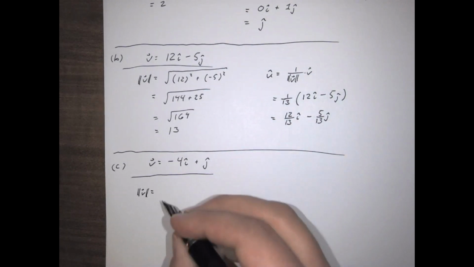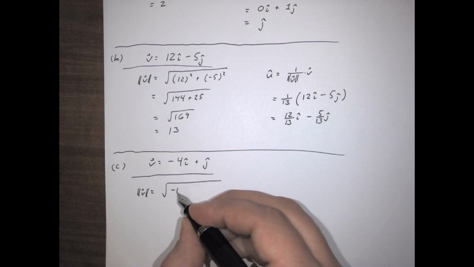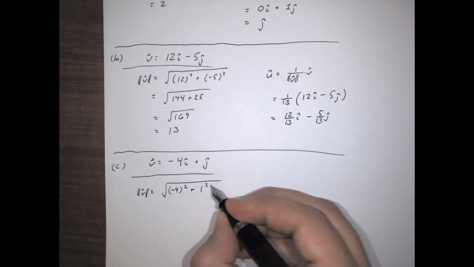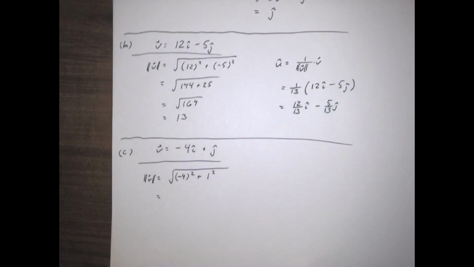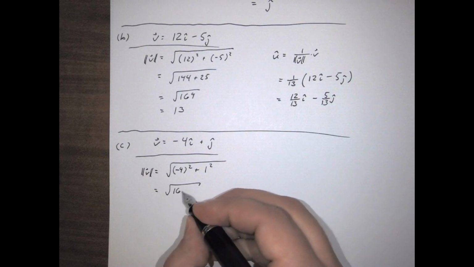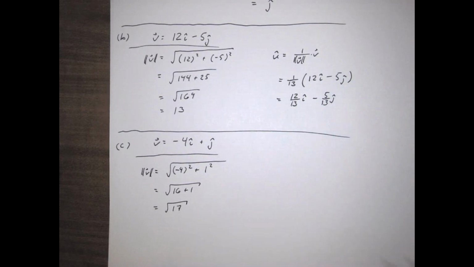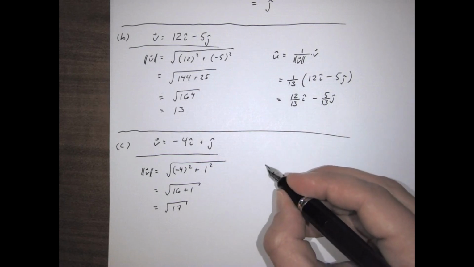Just the arithmetic gets a little bit more involved. So we have -4 squared plus 1 squared. The square root of that is going to give us the magnitude. That's the square root of 16 plus 1, which is the square root of 17. Well, that's not a perfect square, so that's as far as I can go on that side.